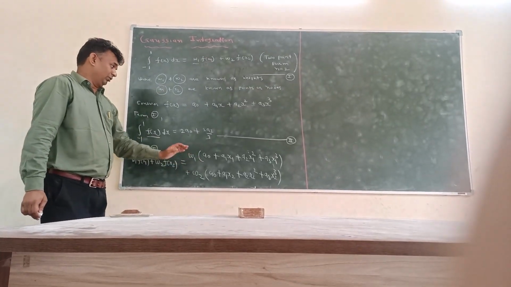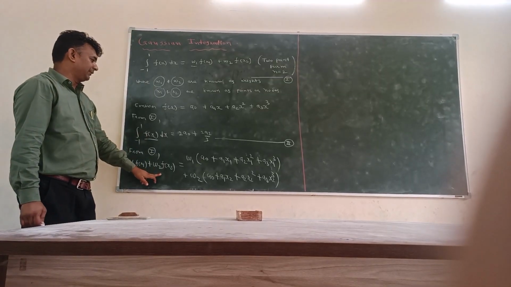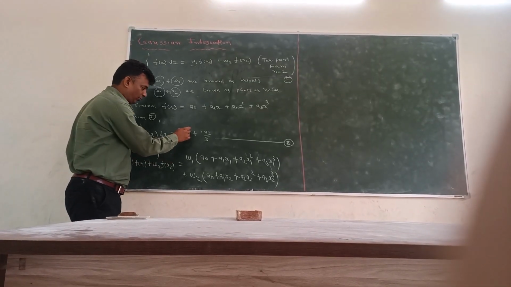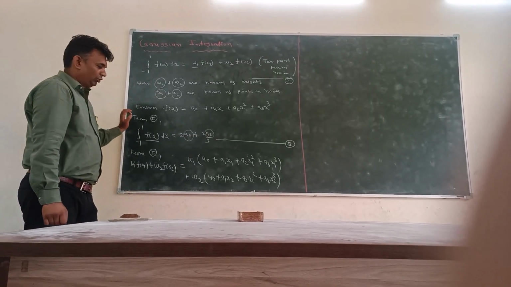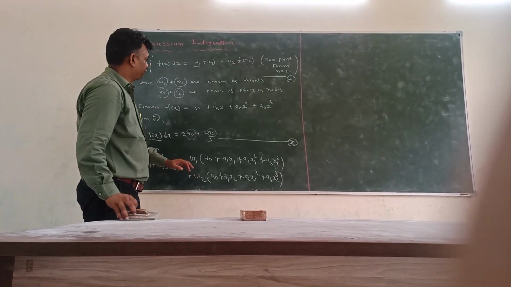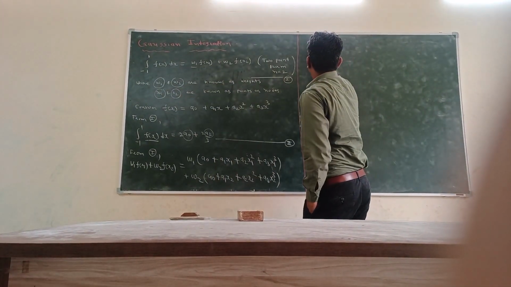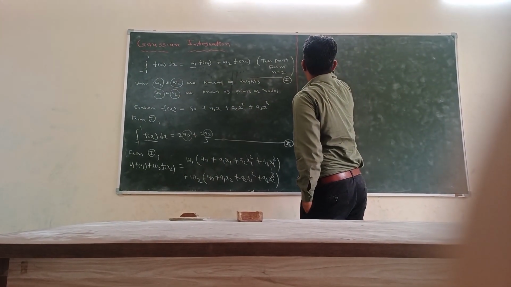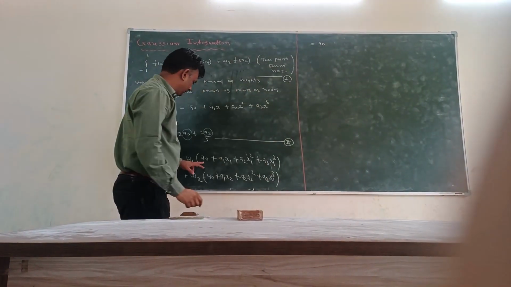Now here we want to compare this term with this term. So we need to find out the coefficient of a0 and a2. For that, let us simplify this. If I write this equal to a0, then what is common?